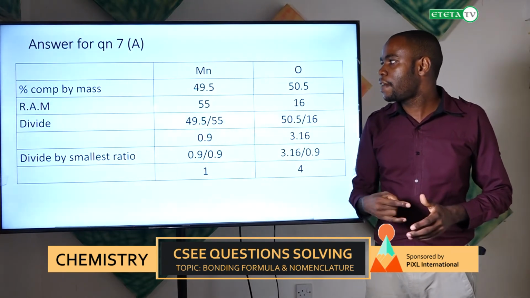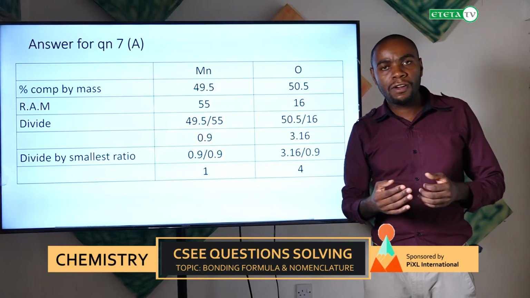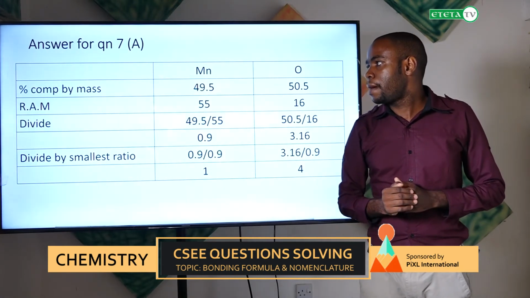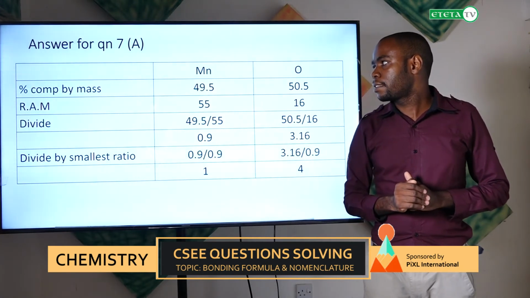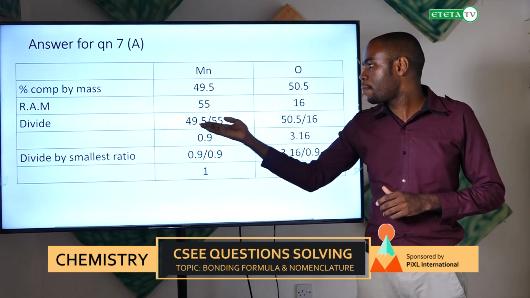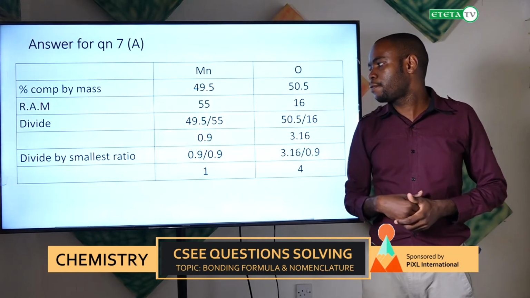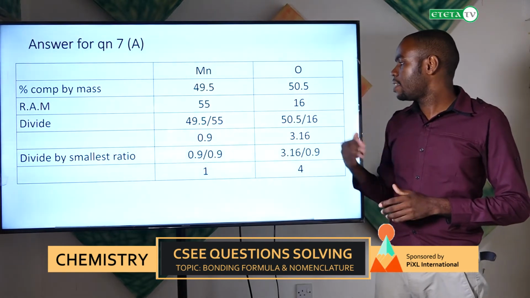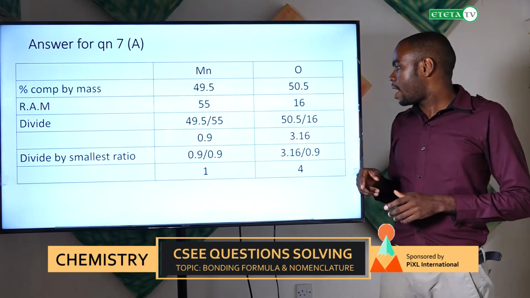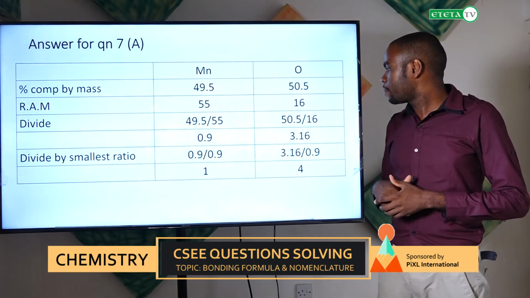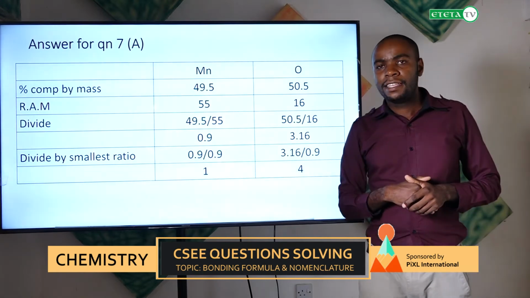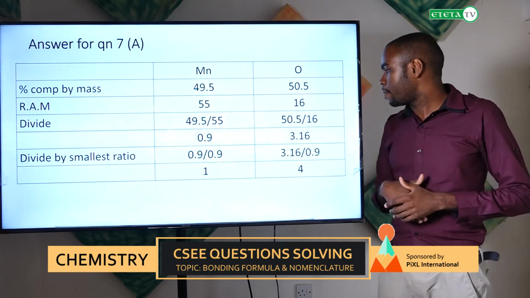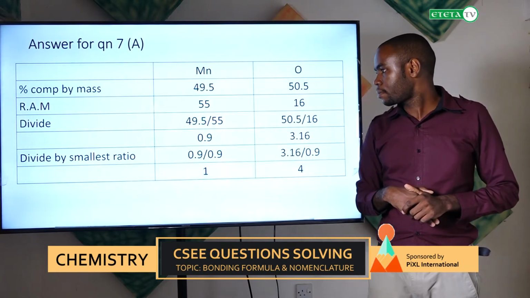Now you divide the percentage composition by mass by the relative atomic mass. So for manganese it will be 49.5 divided by 55, which is equal to 0.9. But for oxygen you take 50.5, then you divide by 16, which is equal to 3.16.